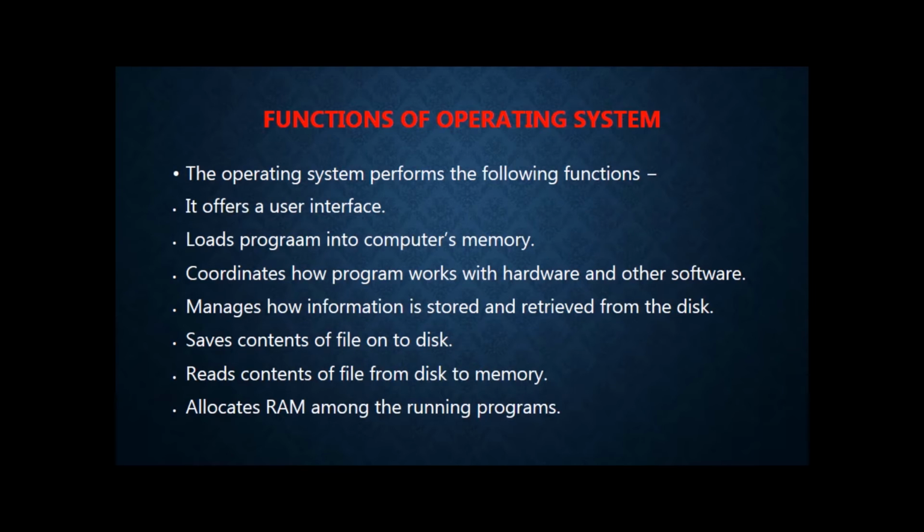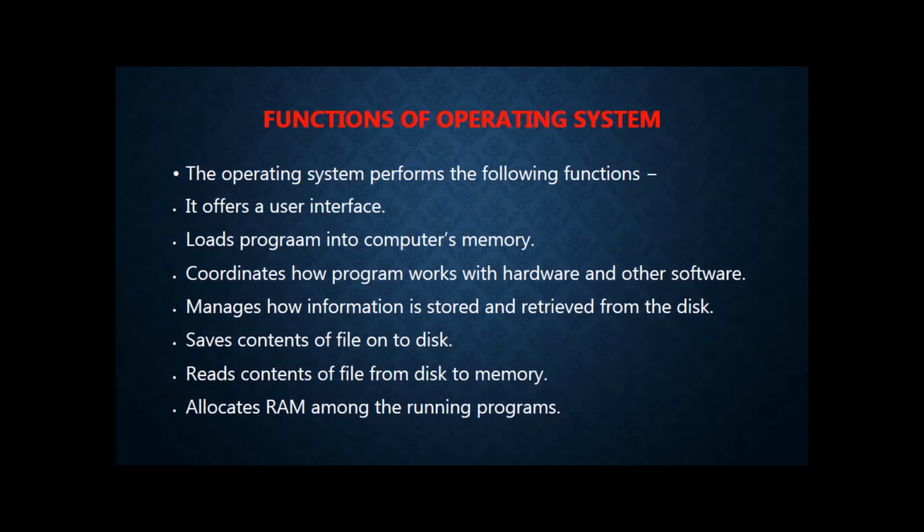Functions of an operating system. The operating system performs the following functions. One, it offers a user interface. This is what you see. This is what you use to give the instructions. It loads programs into the computer's memory. It coordinates how programs work with the hardware and other software.